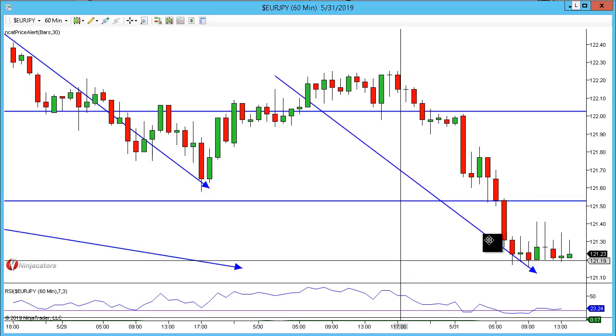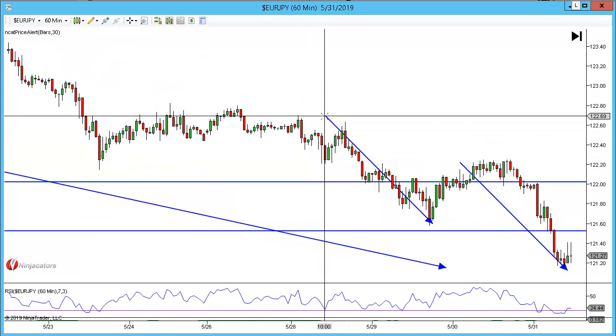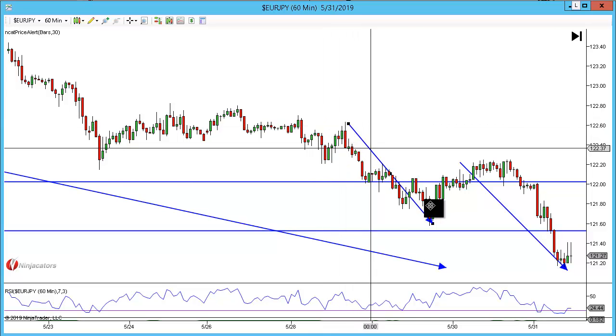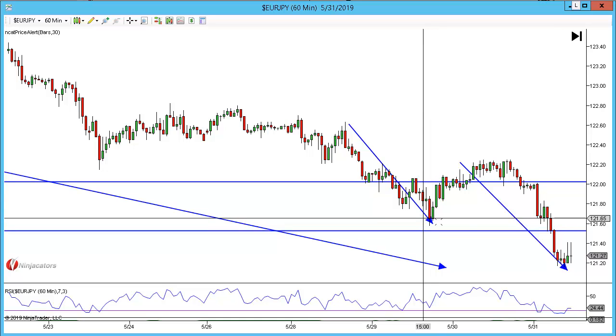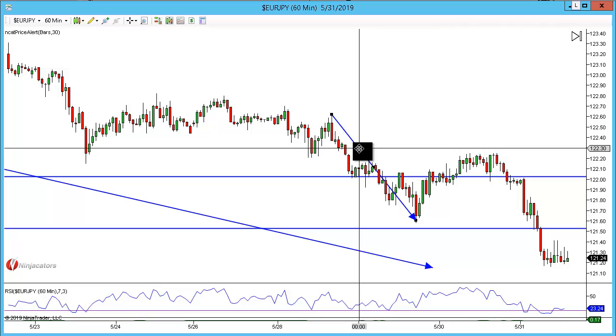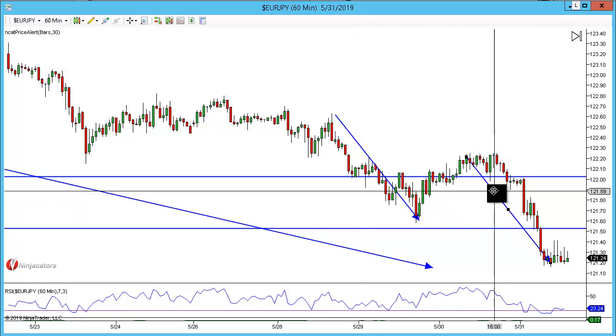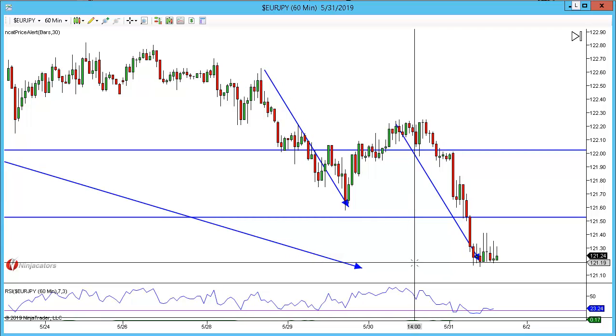Let's go to the 60. I actually took it, sorry, it was here on the 60, I took it from that point. Let me just redo that again, duplicate it, move it down, and you can see we've now come into that zone.